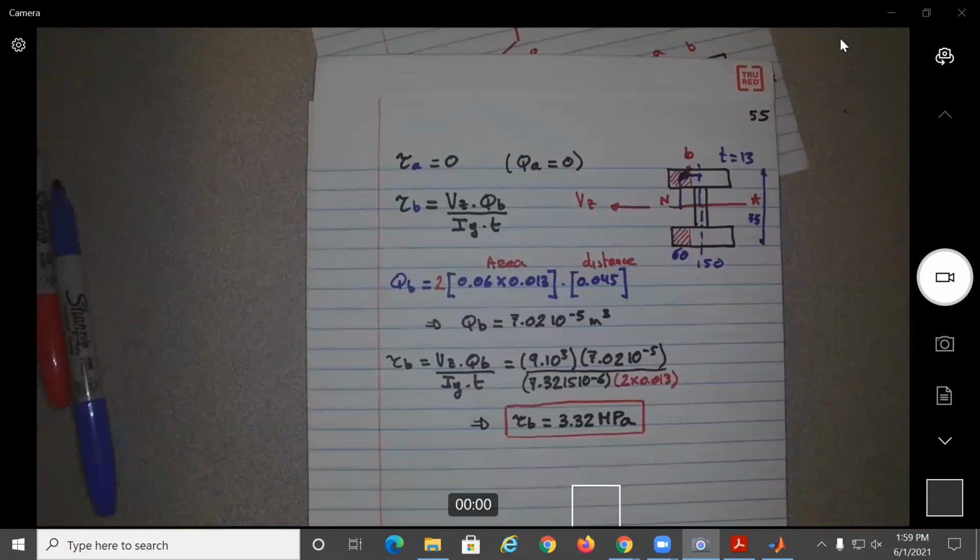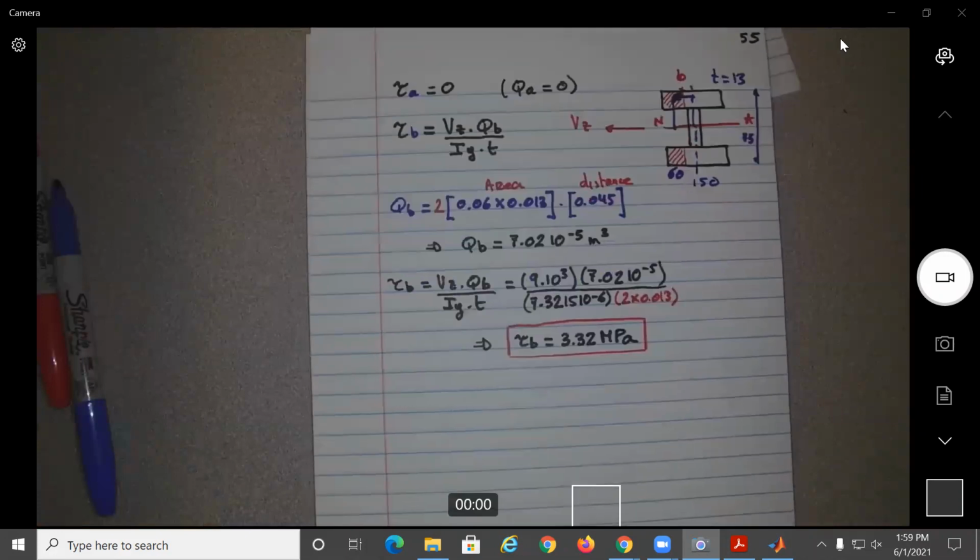Okay, so not to confuse you, just to add for the understanding, I'm going to show you a different way to calculate tau sub B due to the VZ load.